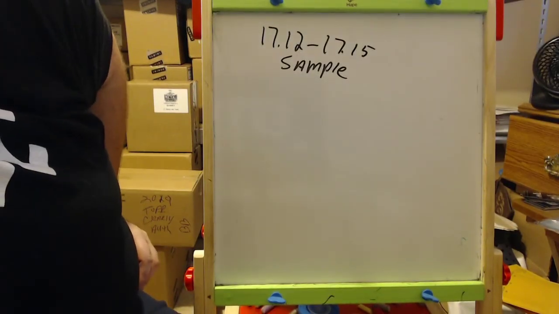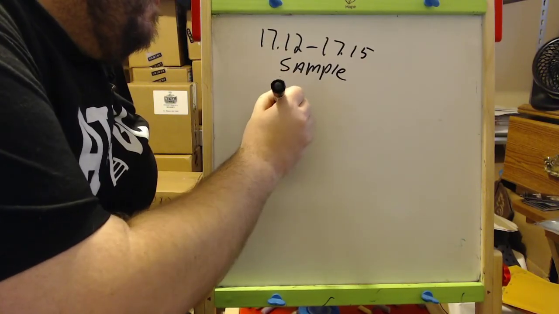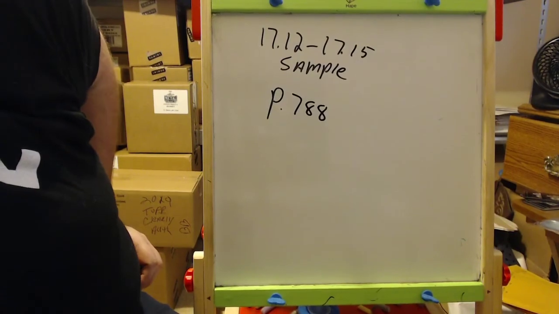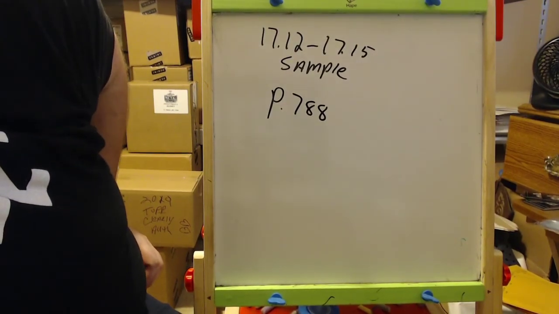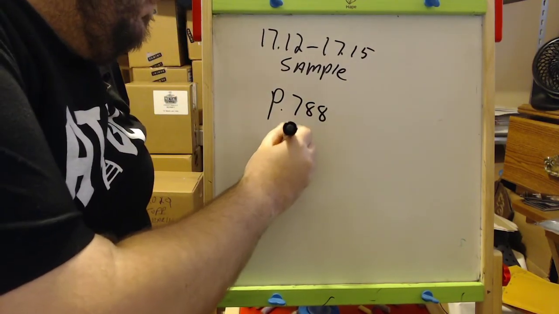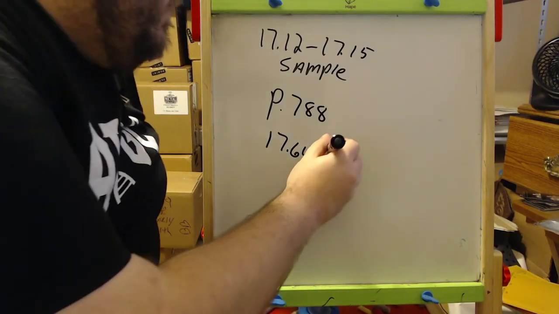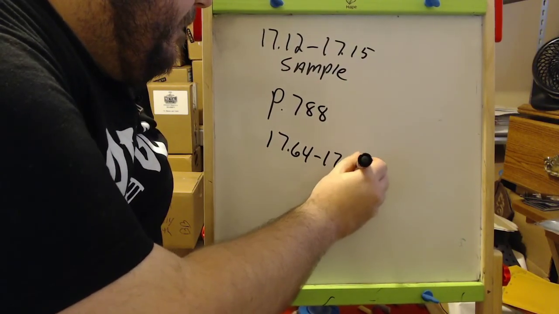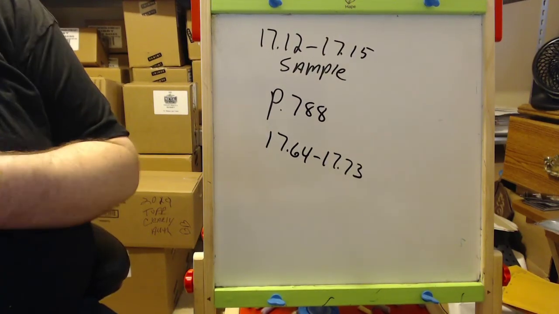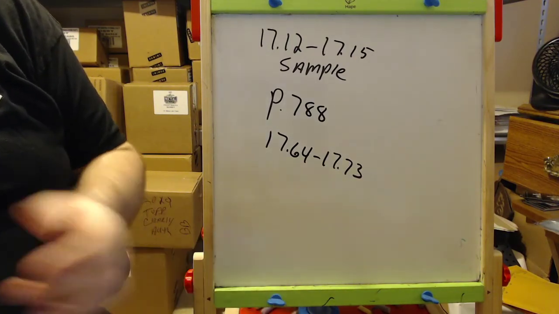And then page 788. 17.64 to 17.73. Okay.